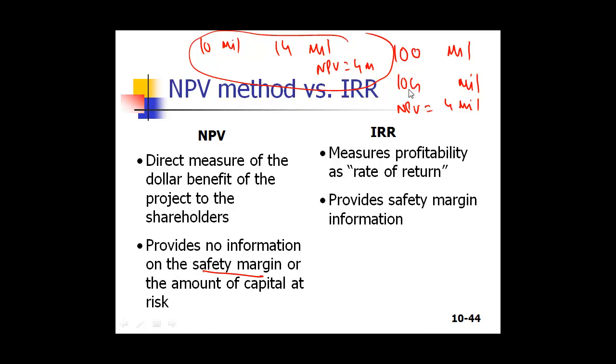Will it be shocking if your present value is 5% different from what you had estimated? No, 5% difference is probably quite normal. So is the safety margin in this, let's call this project B, high or low? Its safety margin is low because even a small 5% deviation will make this a negative NPV project.